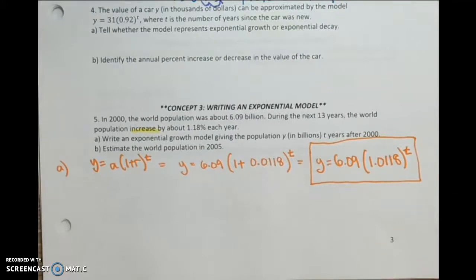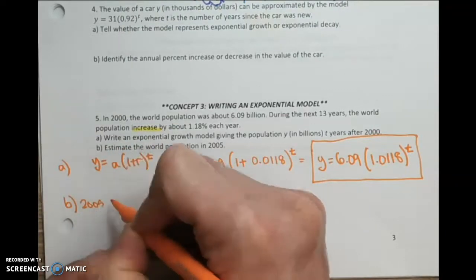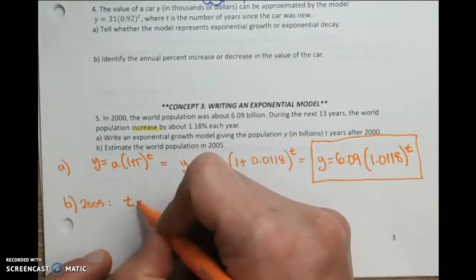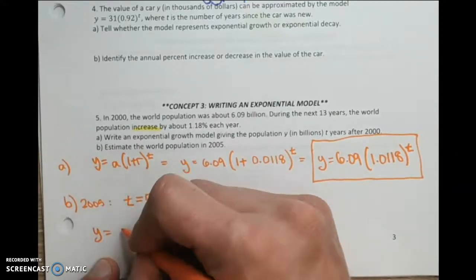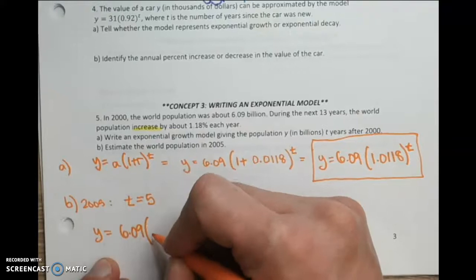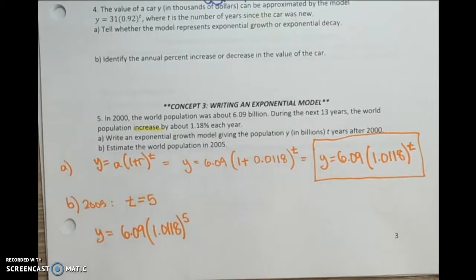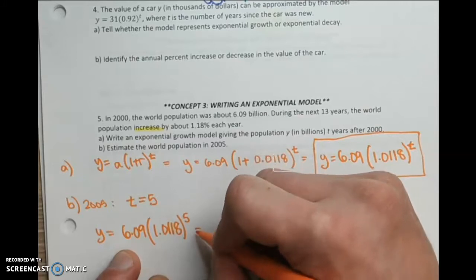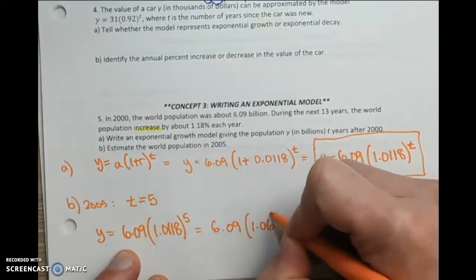Okay. The second part says estimate the world population in 2005. Alright, so what that's telling me is that the time has changed from 2000 to 2005, so the time is now 5. Okay, it's gone up 5 years. So now what I'm going to do is y equals 6.9 times 1.0118 to the 5th power. Okay, take that 1.0118 to the 5th power, and you get 1.06.